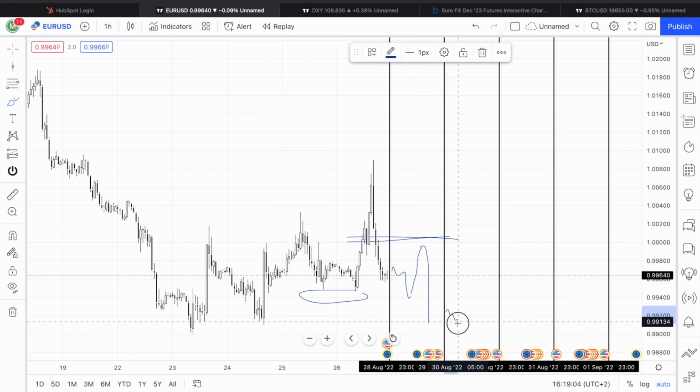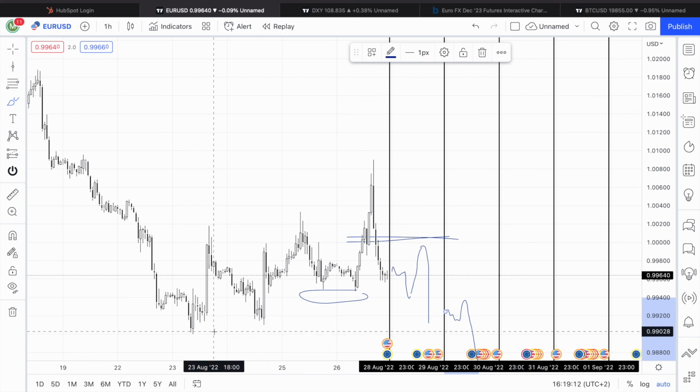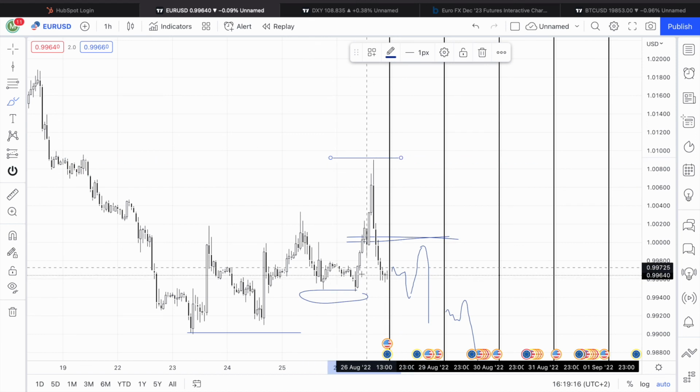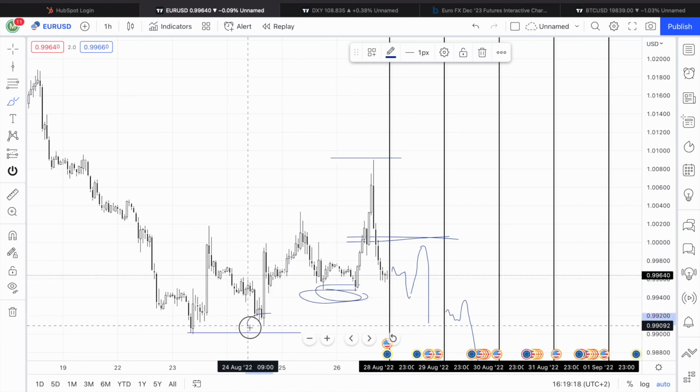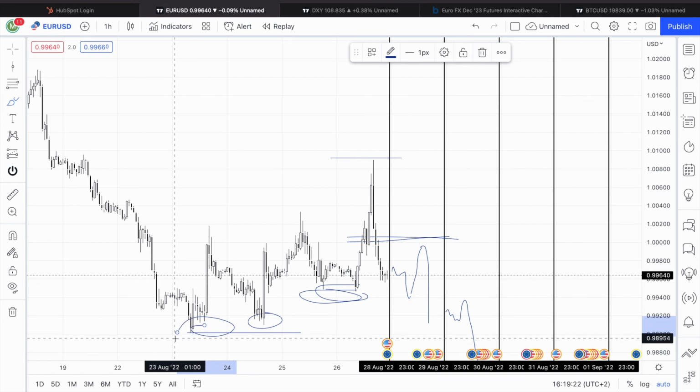Tuesday, consolidation, manipulation, and expansion, and so on and so forth. And then this is going to be our new trading range. We're going to cover this area maybe on Tuesday, Wednesday, and then cover this area and continue our downtrend.